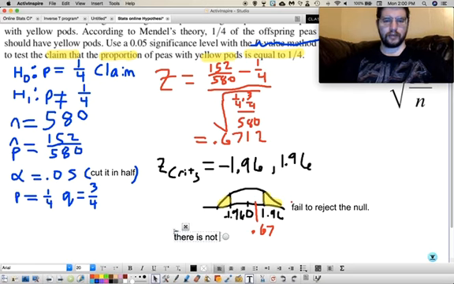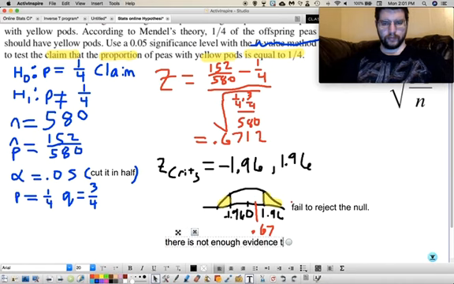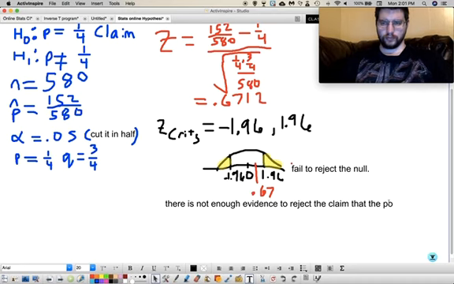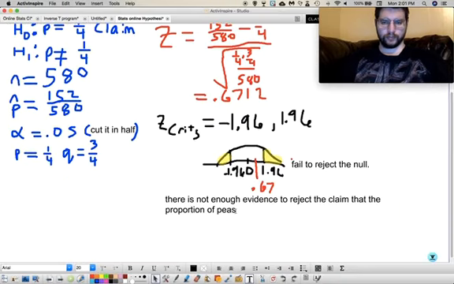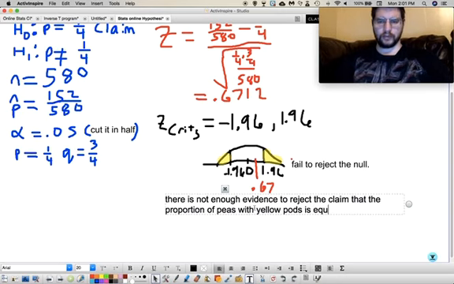There is not enough evidence to reject the claim that the proportion of peas with yellow pods is equal to 1/4.